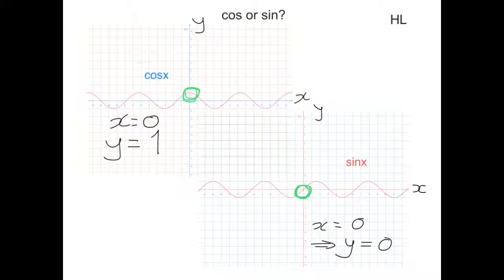If your graph passes through the point 0, 0, then your function will be a sine function, and if it passes through 0, 1 or 0, 2, depending on what the a multiplying your cosine is, in this case it's just 1, you'll have a cosine function.